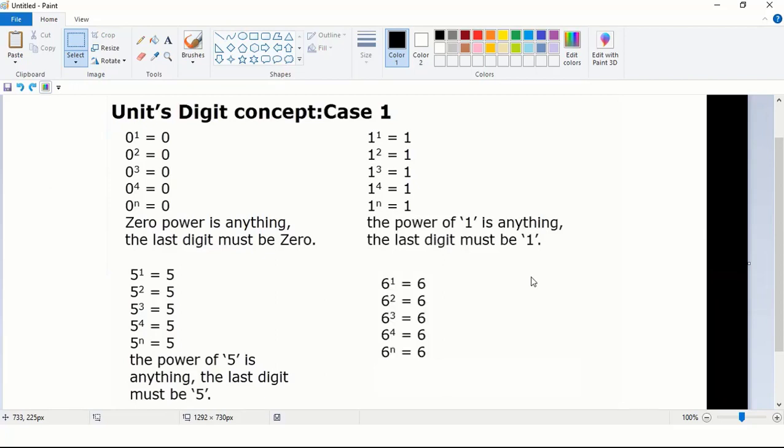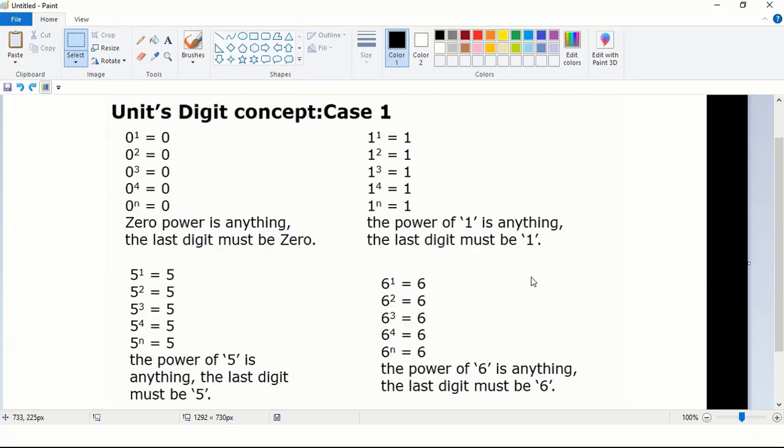Now 6 to the power anything, the last digit of the answer will be itself, that is 6. Now we have seen a few iterations and we have come to one conclusion that if the base's last digit is 0 or 1 or 5 or 6 and the power is anything, then the last digit of the answer will depend on the last digit of the base, that is either 0 or 1 or 5 or 6.